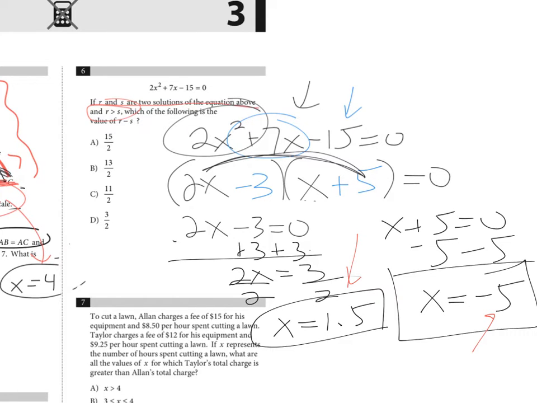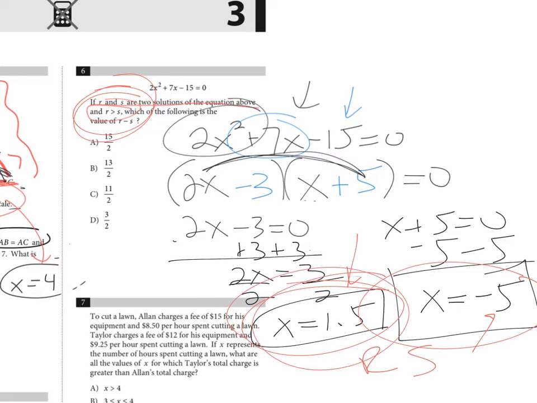Now the question said R and S are the two answers. So one of them is going to be 1.5, one of them is going to be negative 5, but it said that R is bigger than S. So which of the two answers is bigger, a positive or a negative? Well, a positive is always bigger than a negative, so R is going to be 1.5, S is going to be negative 5.